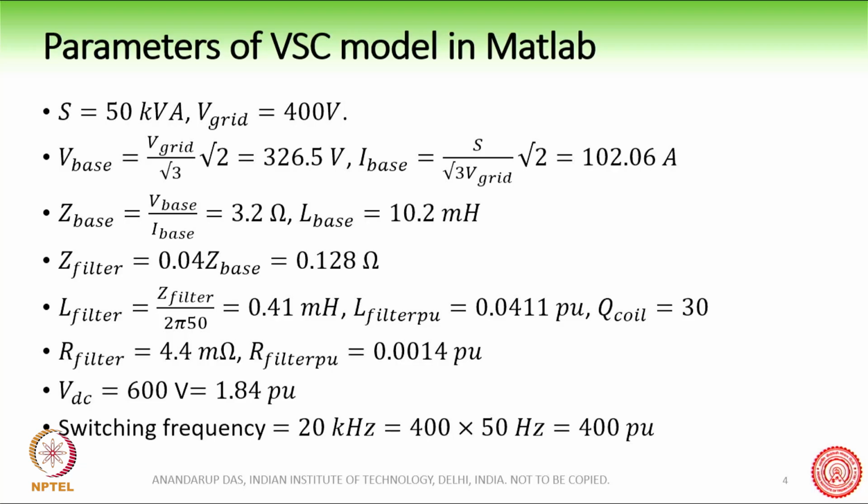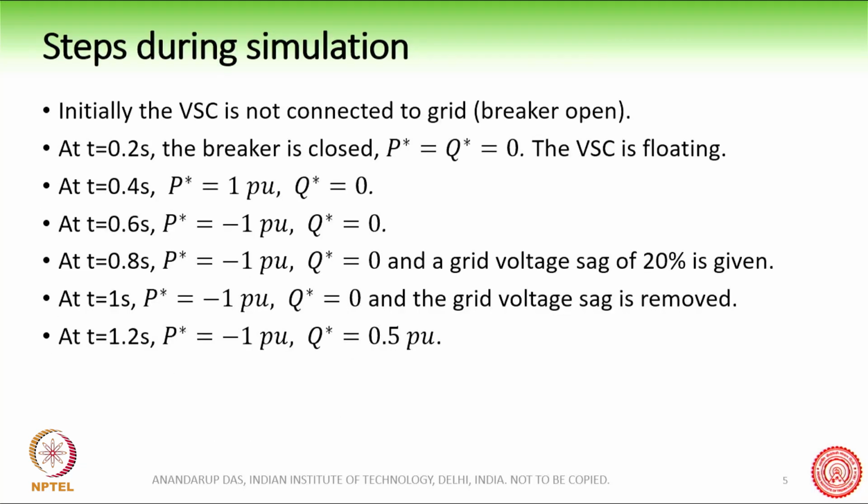Now just to give you an overview of what we are going to do during simulation, at first you will see that the VSC is initially not connected to the grid. So basically there is a voltage source converter, there is a filter, and there is a grid, right?